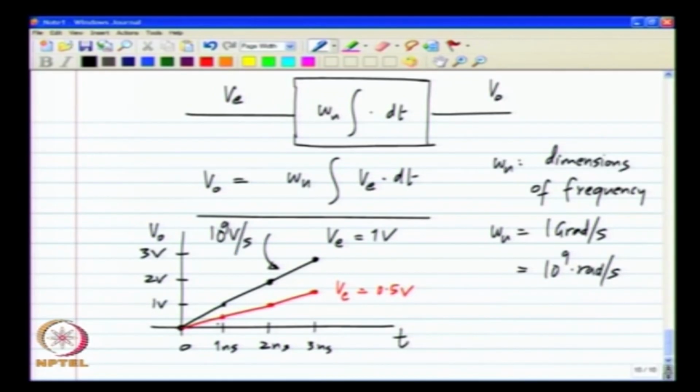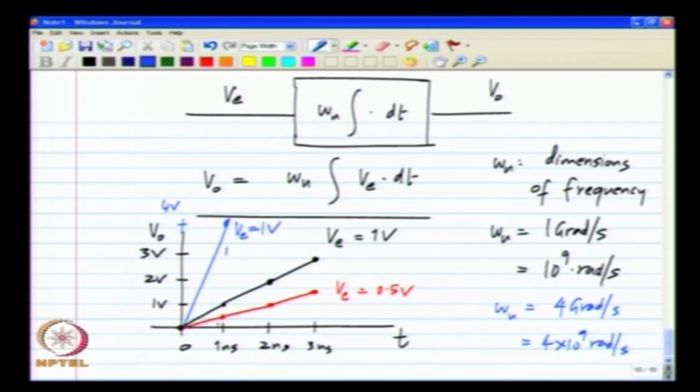So, omega u is the proportionality constant. If I use a larger omega u, let us say I take a different case, omega u is 4 gigaradians per second, that is 4 times 10 to the 9 radians per second, what will happen in that case? Let us say VE, the error voltage, is 1 volt. When t equals 1 nanosecond, the output will be 4 volts. This can be easily evaluated. So, it will rise very fast. This is for VE equal to 1 volt and with our new integrator.